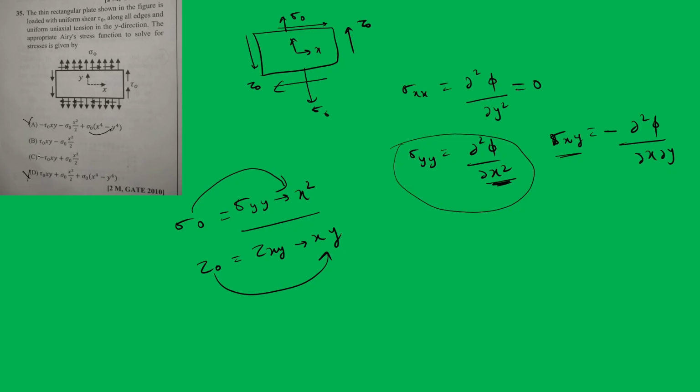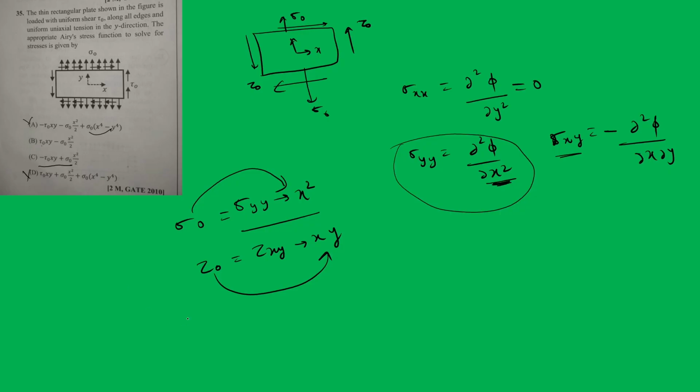So tau naught xy minus sigma naught x square by 2 minus, but this is the plus, and this is like minus, so it should be minus. So minus tau naught xy plus sigma naught x square. Okay, so this looks reasonable.